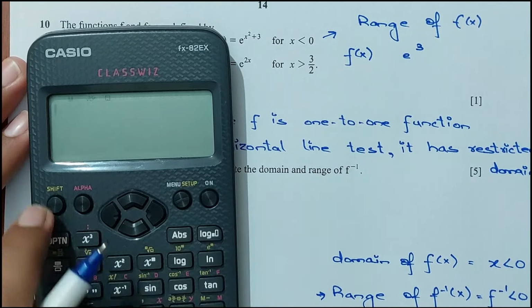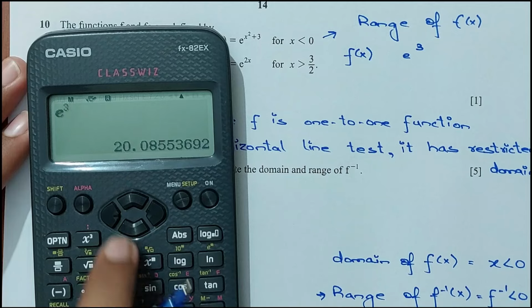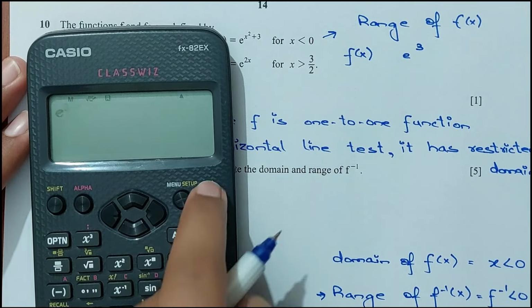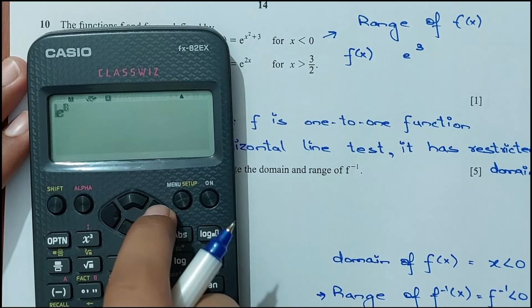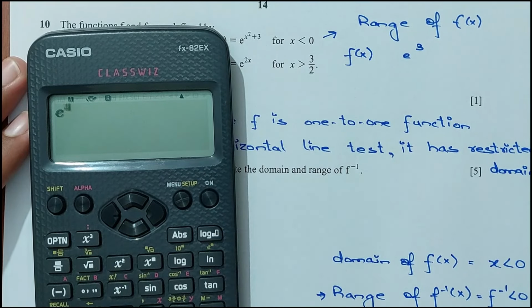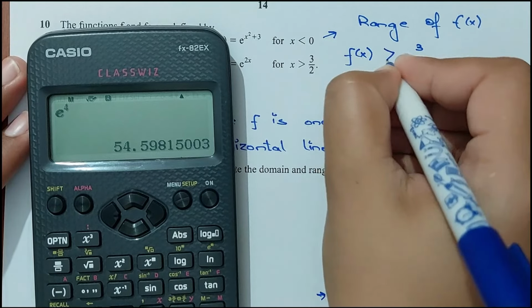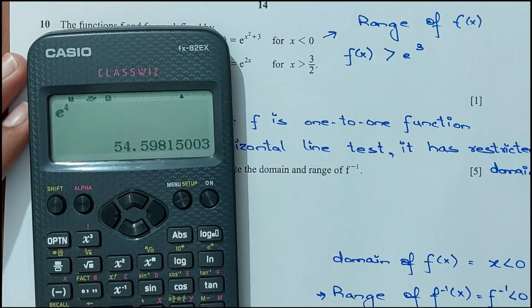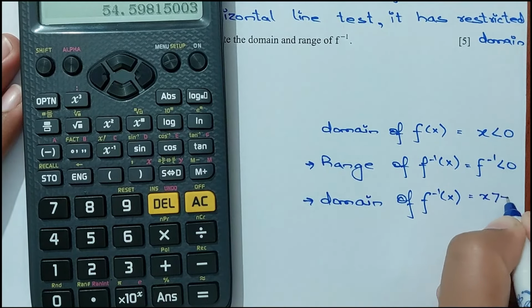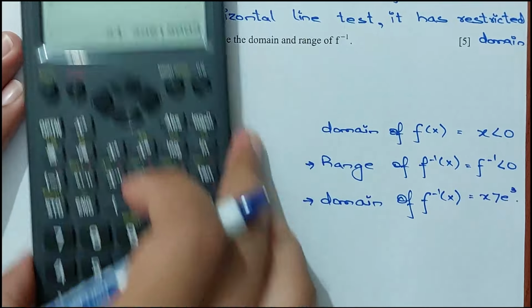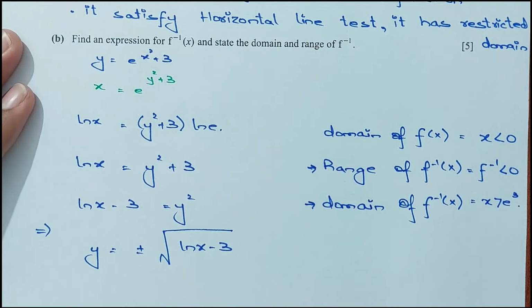So e to the power 3 is about 20.1, and e to the power 4 is more. Yes, it is greater. So f of x is greater than e cubed, so x is greater than e cubed. That is the domain and range.